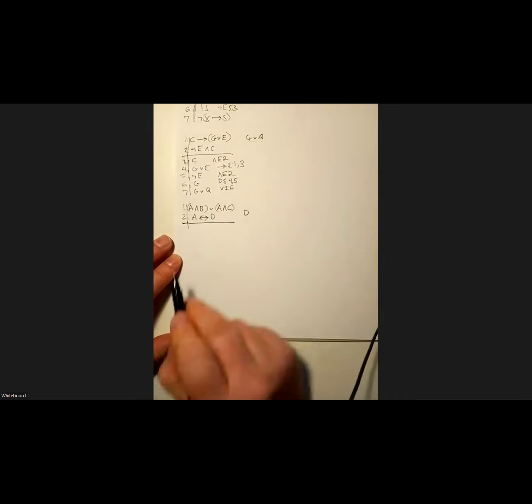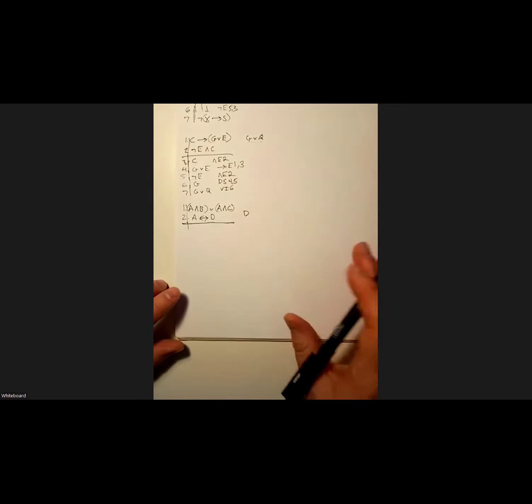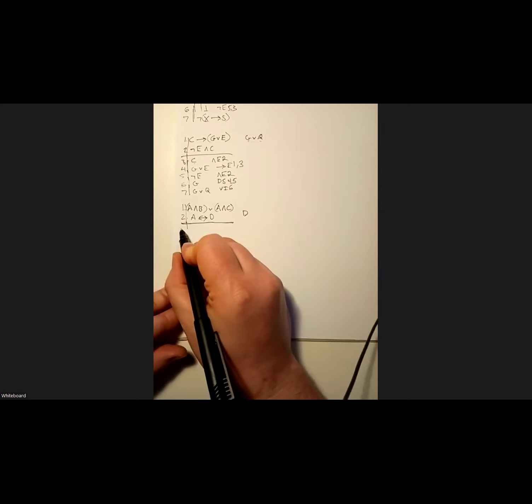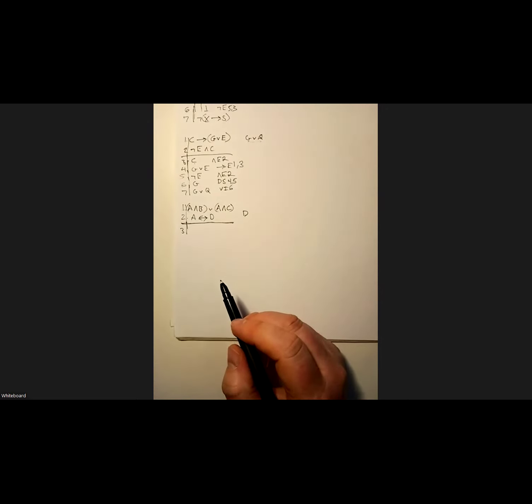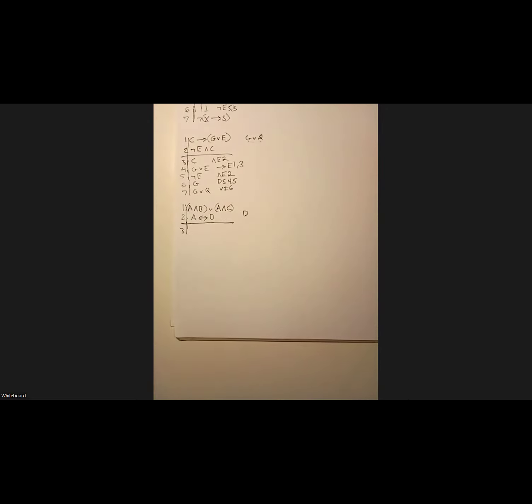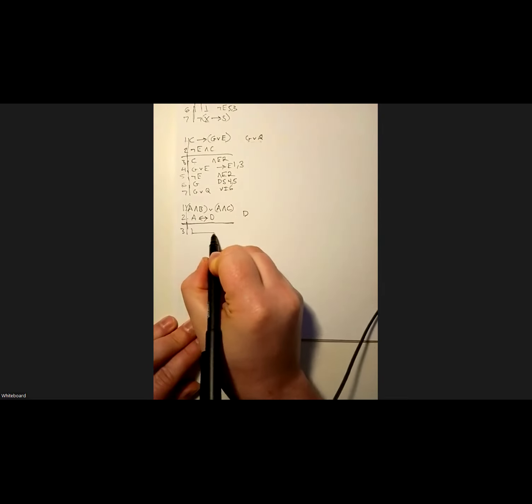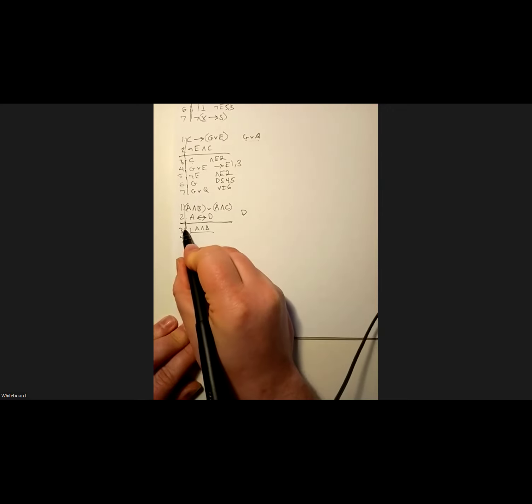So disjunction elimination, mentioned it a second ago, but the idea with this rule is that you have 2 subproofs, one that starts with the left disjunct and one that starts with the right disjunct, but they end up in the exact same place. So we can start with A conjunction B, our left disjunct.